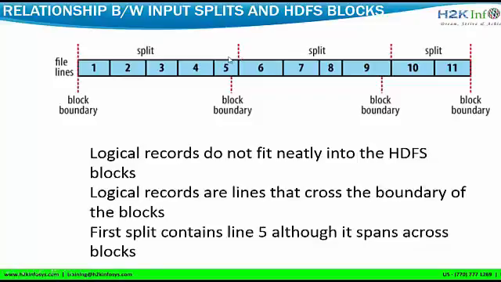Once it reaches this block boundary, it will see that the block has finished, but the record hasn't. So it will store the memory location till the end of the 5th record at one position, and give all these inputs to the mapper task. My mapper task will read from record 1 to the end of record 5 and process the whole data. And again, another mapper will come here.